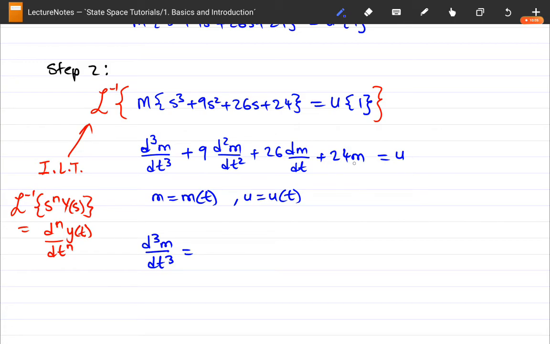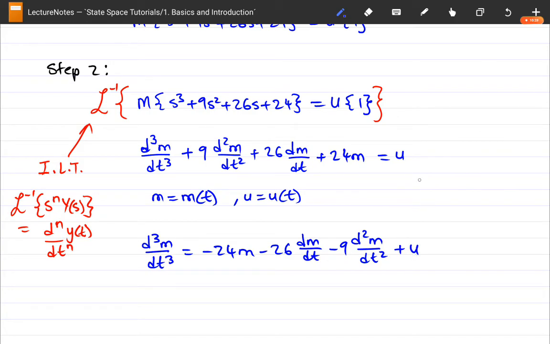So we get minus 24m minus 26 dm/dt minus 9 d squared m/dt squared plus u.